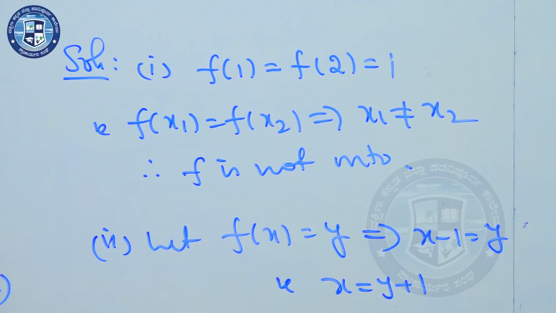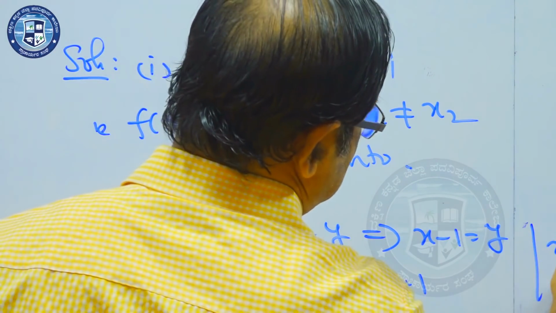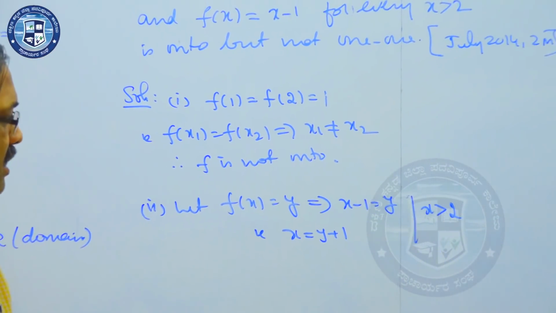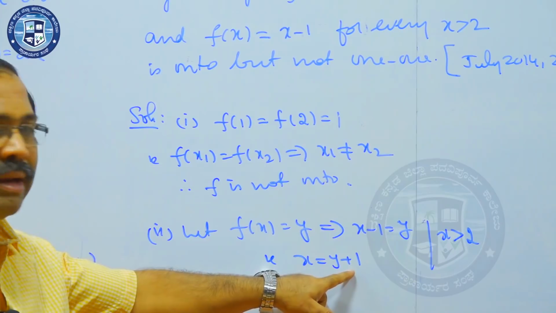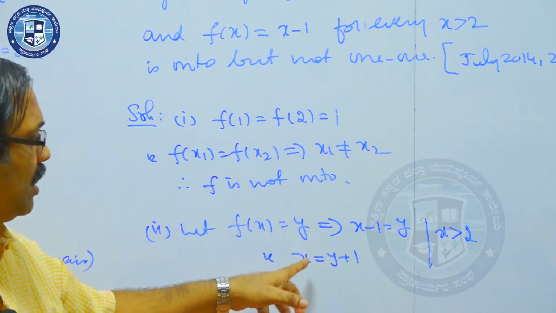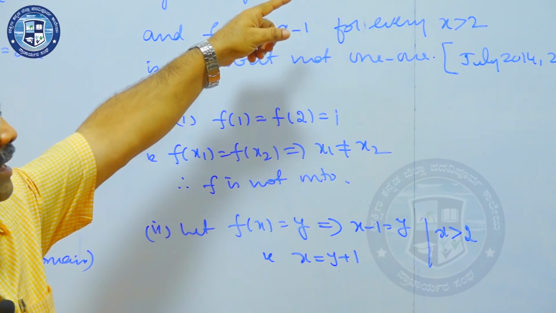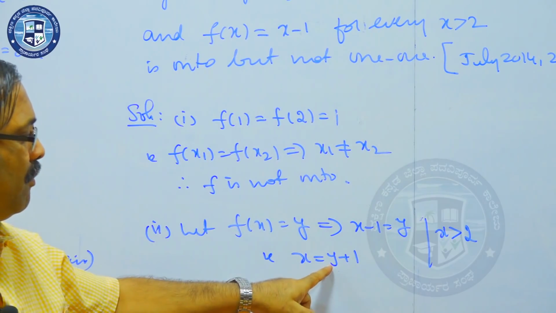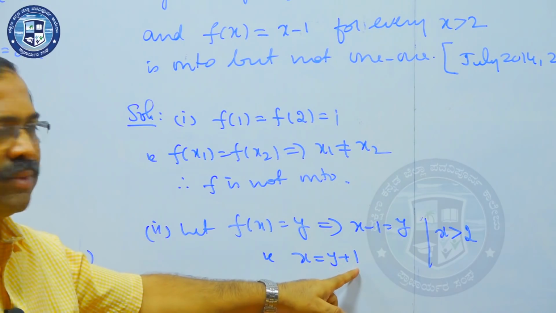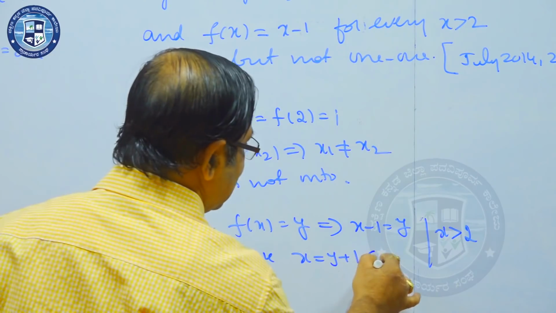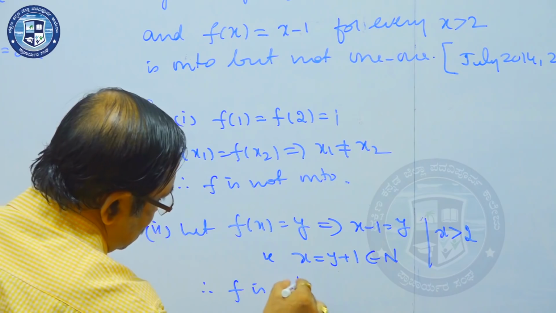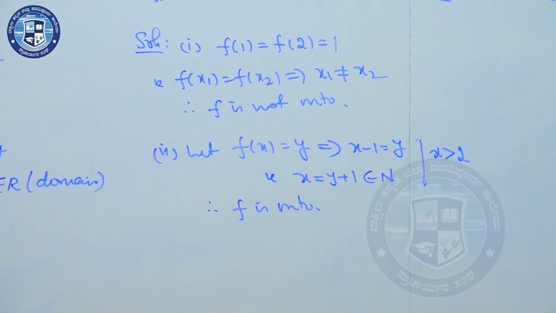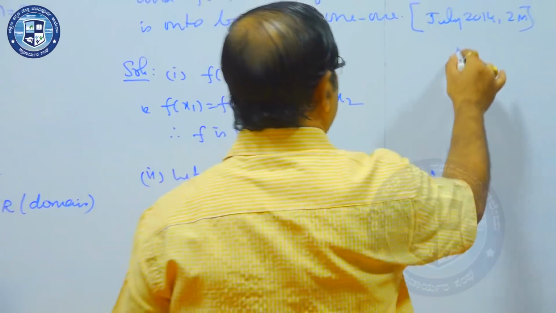See, they have given x is greater than 2. Okay, let x be equal to 3. 3 plus 1, 4. It belongs to N because it is there. N means natural numbers. 4 plus 1, 5. 5 plus 1, 6. So all these elements belong to N. Therefore, f is onto.